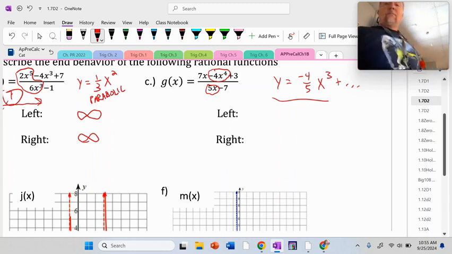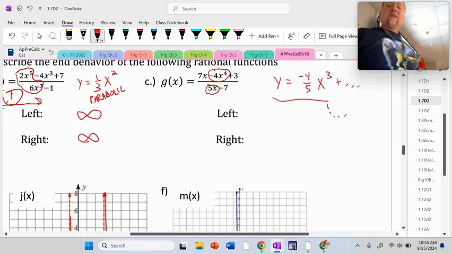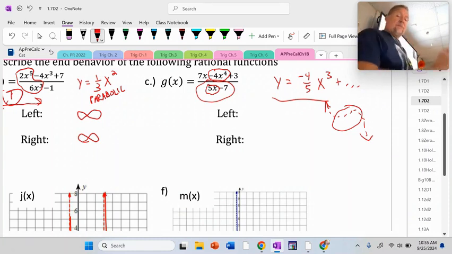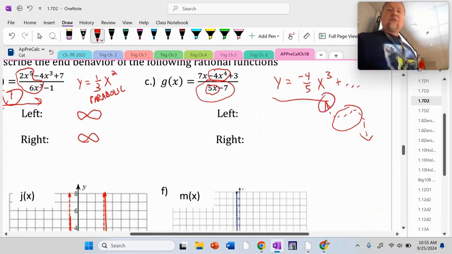So the asymptote would be something like this. This wouldn't happen in the middle of the function. As a matter of fact, this one I could find the vertical asymptote. It's 7/5. X equals 7/5. So something weird would happen in the middle, but not at the ends. This is how the ends would be.